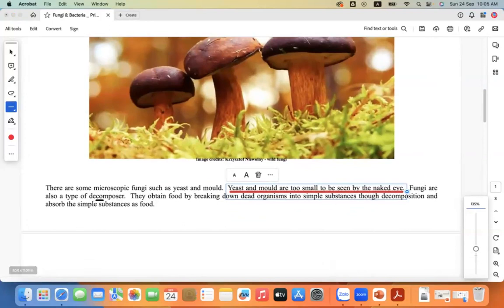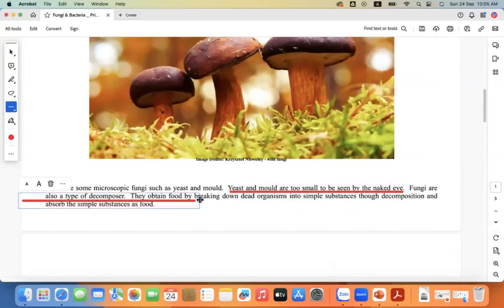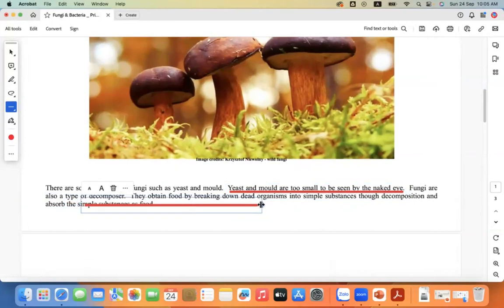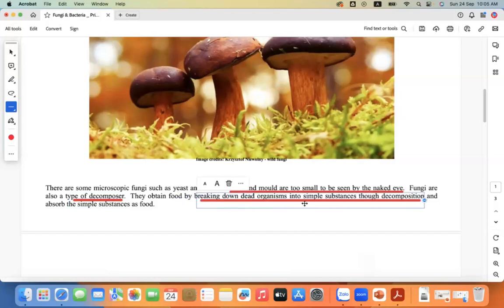Fungi are also a type of decomposer. So fungi are a type of decomposers. Whatever I underline are all the keywords that you should know for this lesson. They obtain food by breaking down dead organisms into simple substances through decomposition.